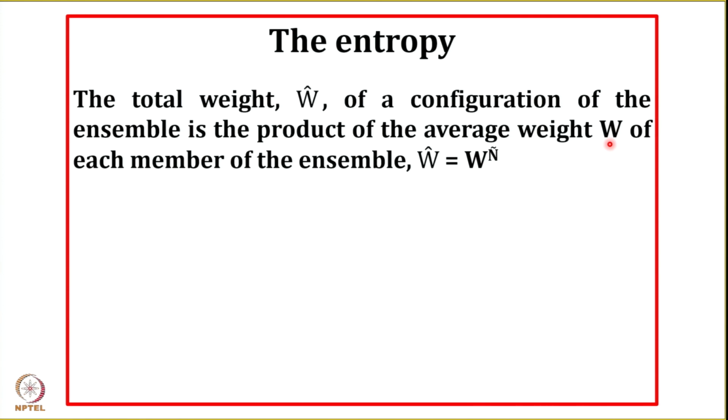How are they related? They are related by this expression. The total weight of a configuration of the ensemble is the product of the average weight W of each member. So there are a total of N members, therefore it will be W raised to the power N. This is how they are related.